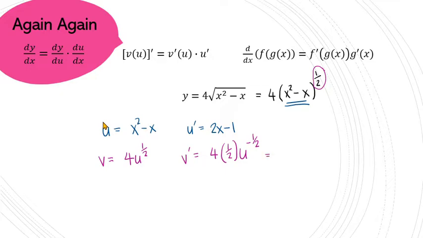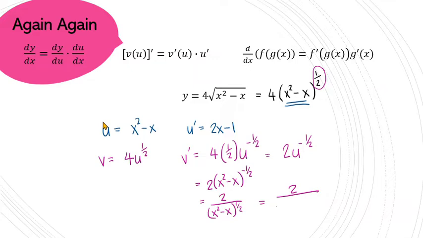Cleaning up, equals 2u to the negative 1/2. Let's put u back in. Equals 2 onto x squared minus x to the negative 1/2. And remembering that could be written as this, x squared minus x to the 1/2, and maybe even 2 over root x squared minus x.